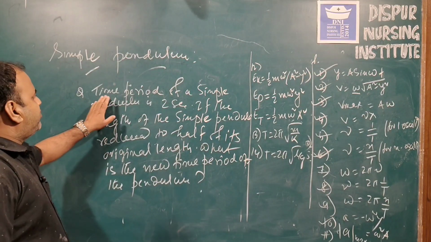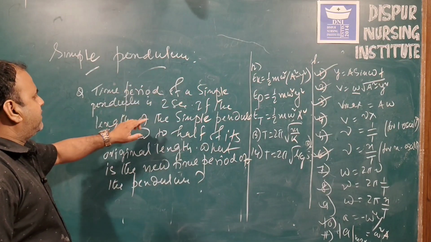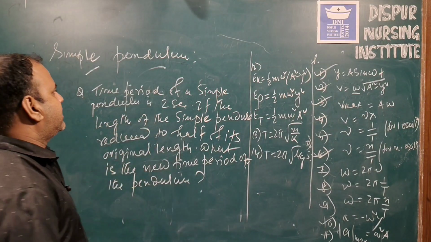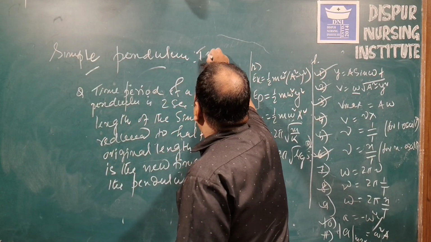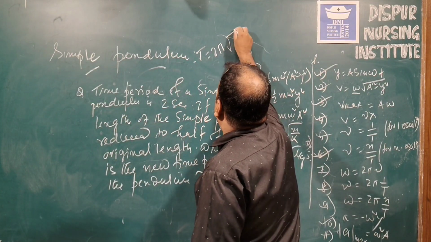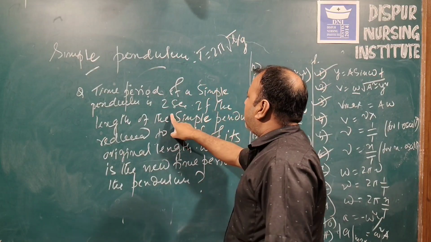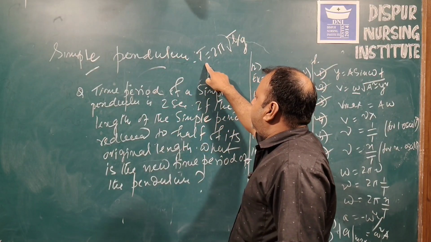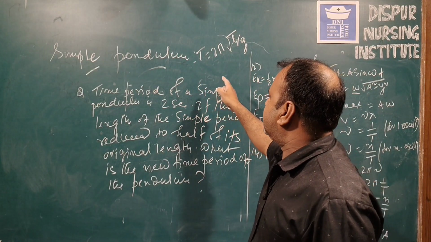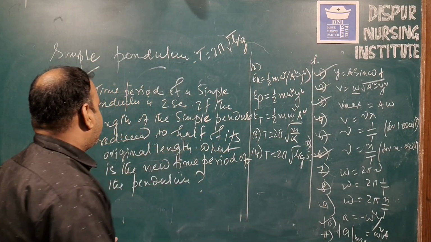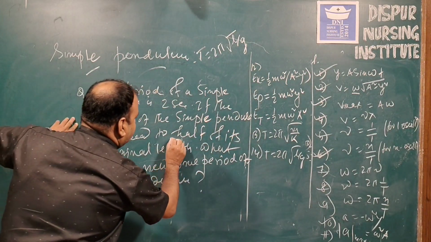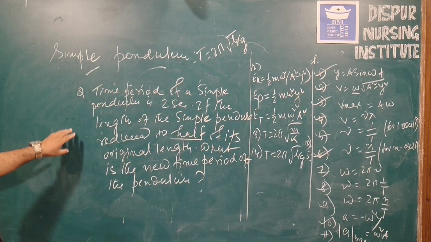Now see, the time period of a simple pendulum is given as 2 seconds. Already you know the formula, T is equal to 2π under root L by g. According to our question, in the first case the value of T is given as 2 seconds. In the second case, you can see half of its original length.